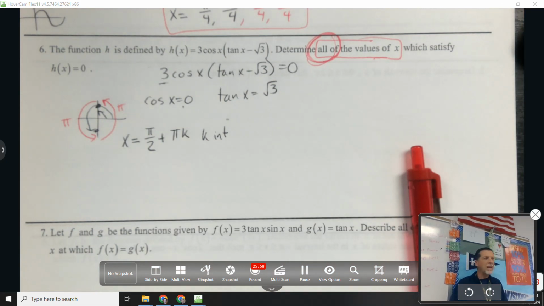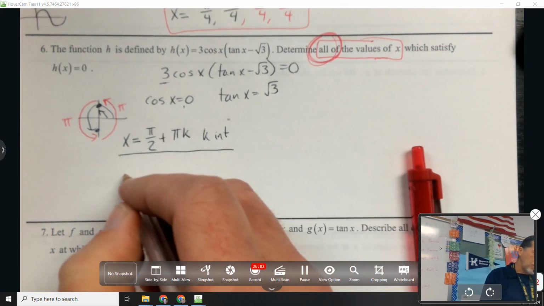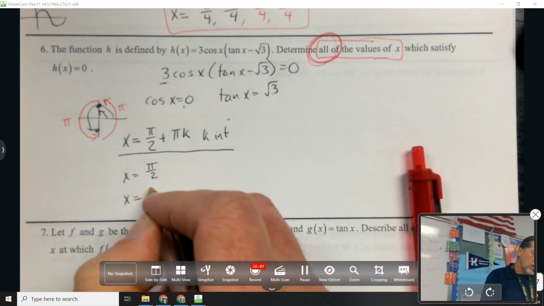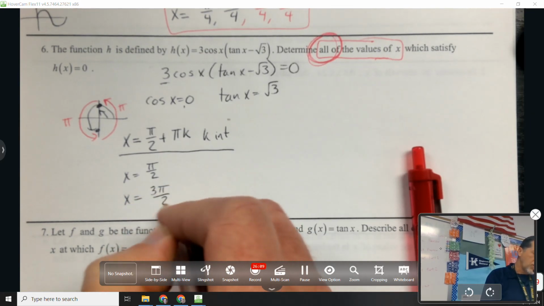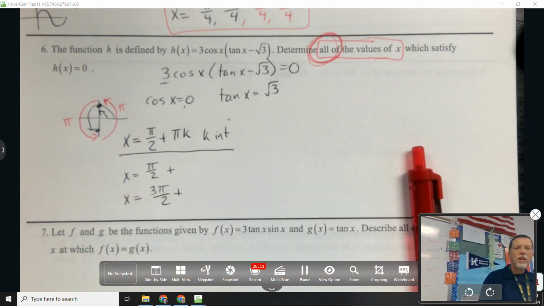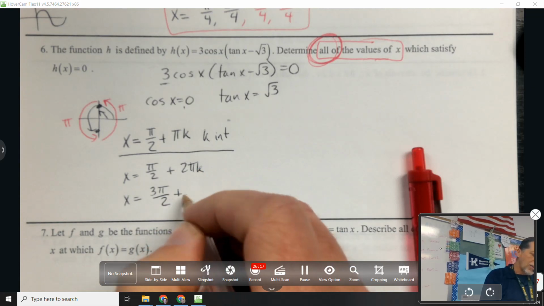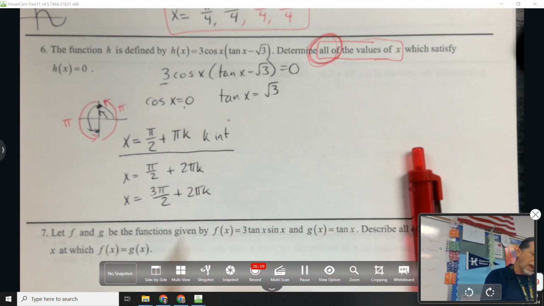Because pi is 180, so I could rotate 180. Another way to say that might be more helpful, because normally the period for cosine is 2 pi. So if you want to handle them separately, you'd say pi over 2 plus 2 pi k and 3 pi over 2 plus 2 pi k.